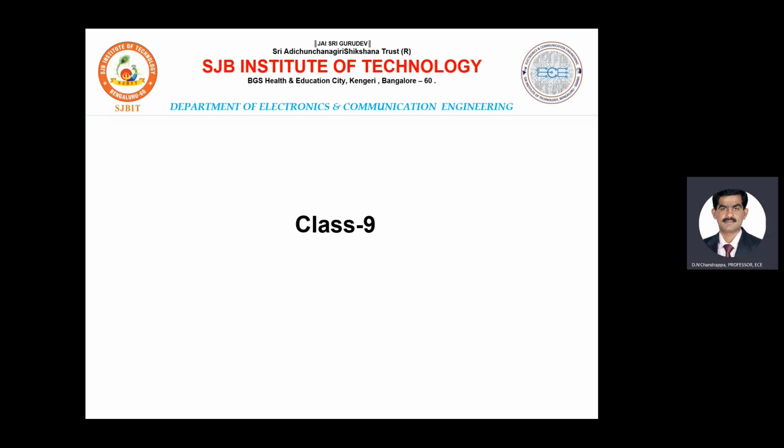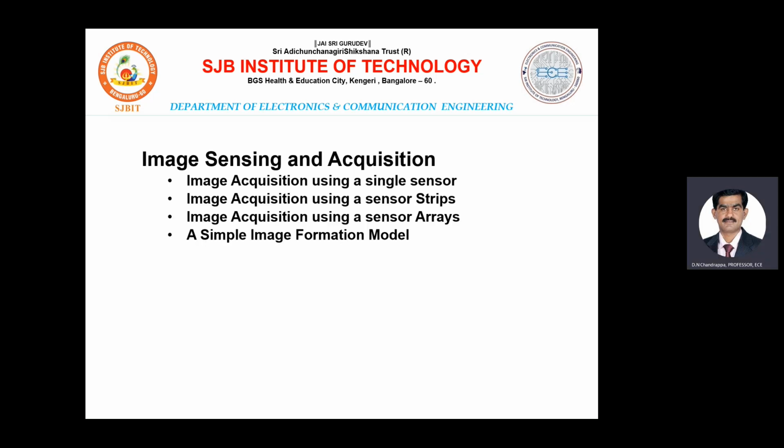So today I am going to explain some of the important topics: image sensing and acquisition. So what do you mean by image sensing? Here we mainly have four parameters. One is called single sensors. Second is sensor strips.